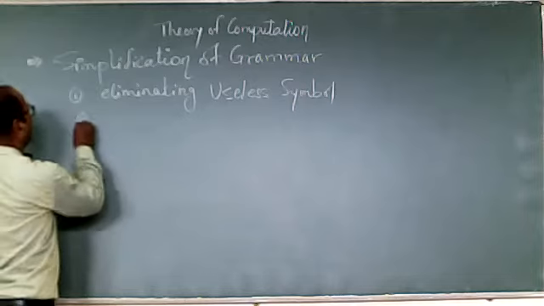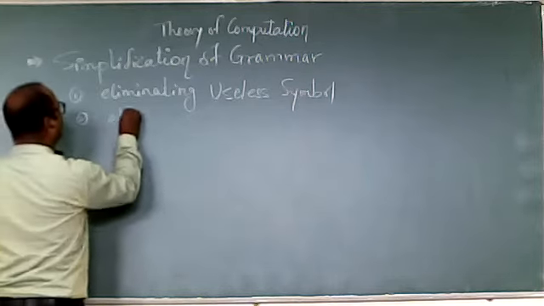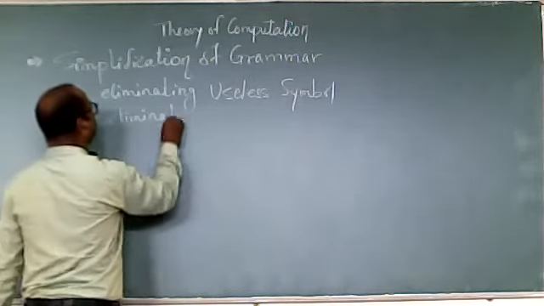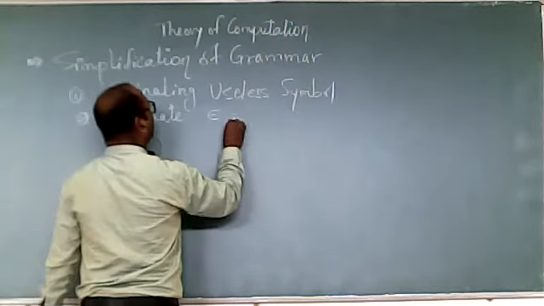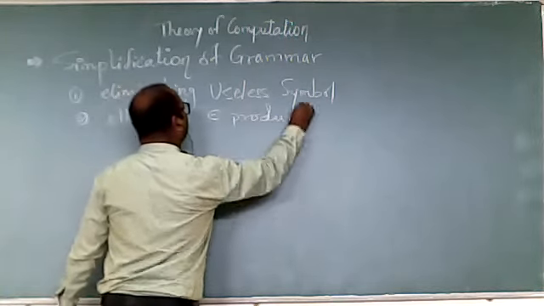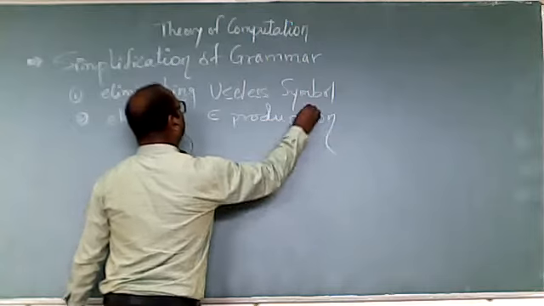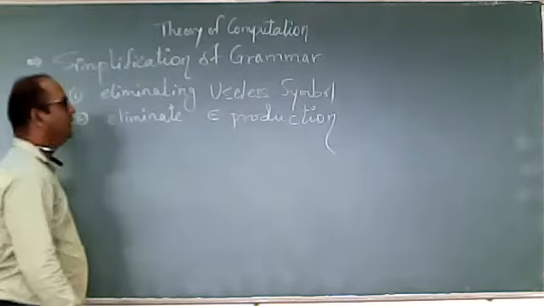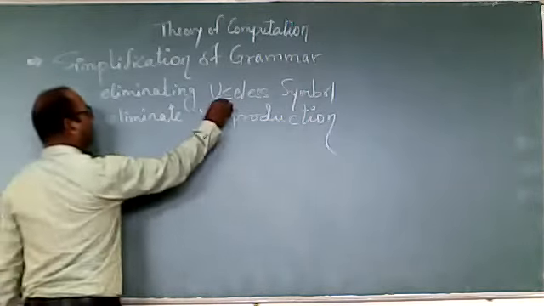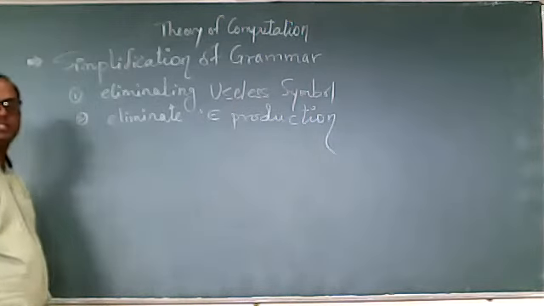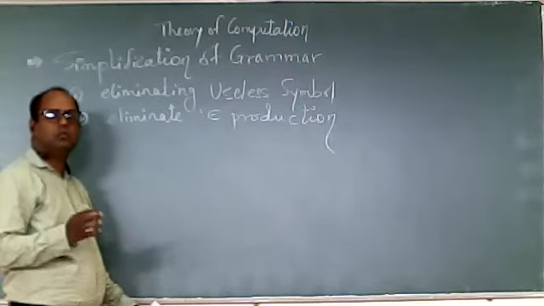Second is called eliminating epsilon productions. Eliminate epsilon production. As we know, epsilon doesn't mean anything.